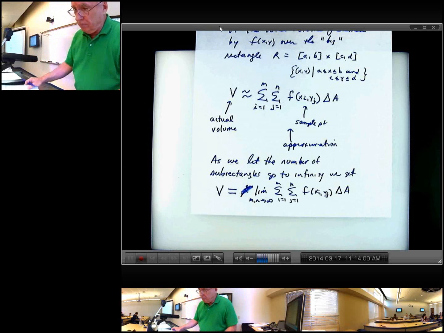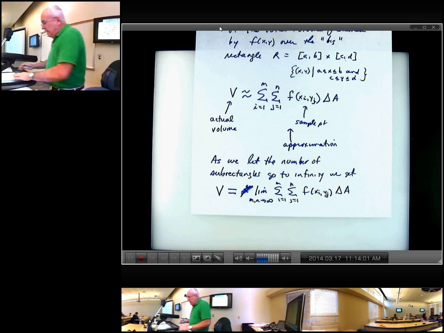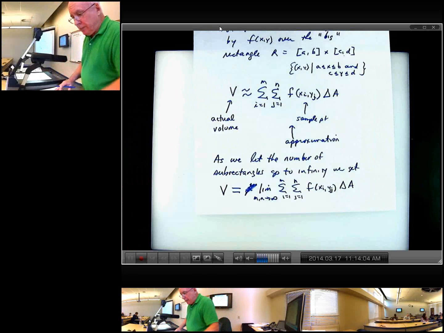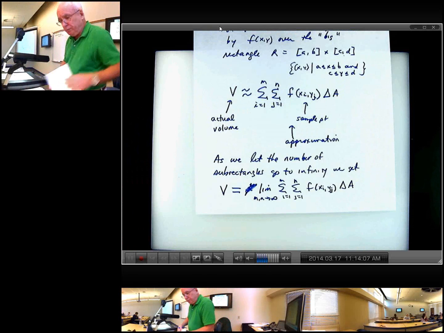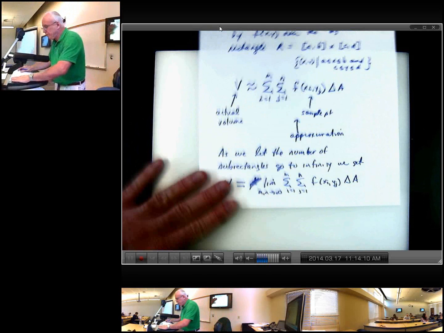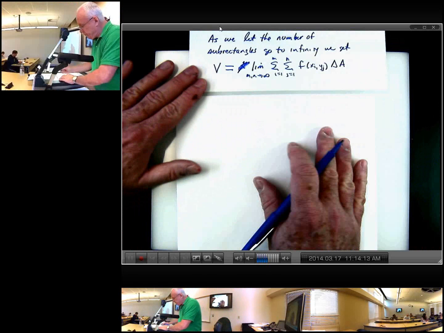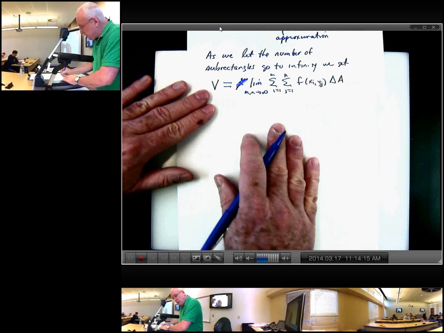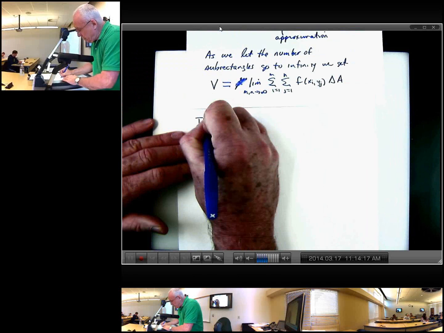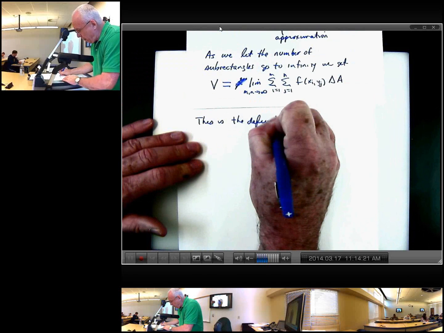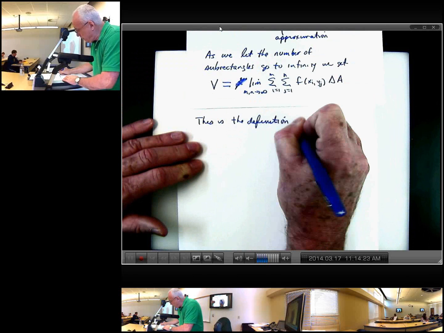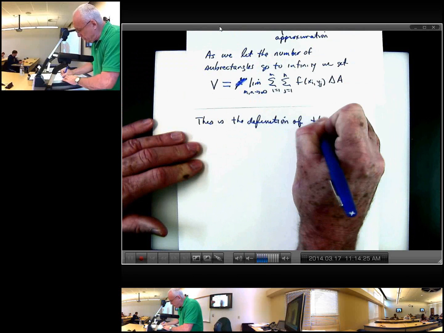Now, this is how the text actually defines what's called a double integral. So this is the definition of the double integral.